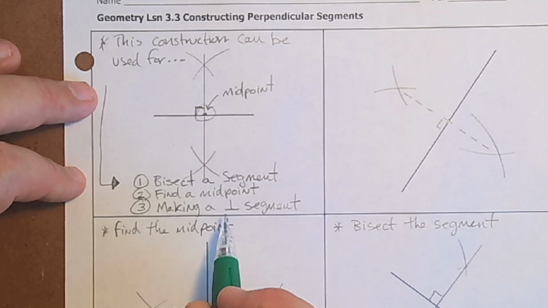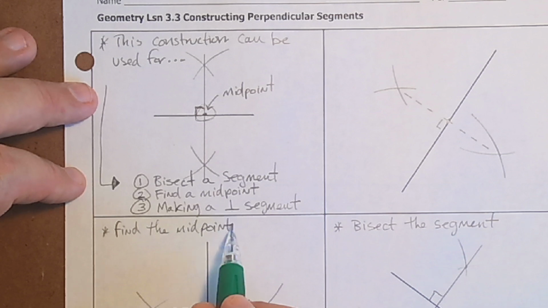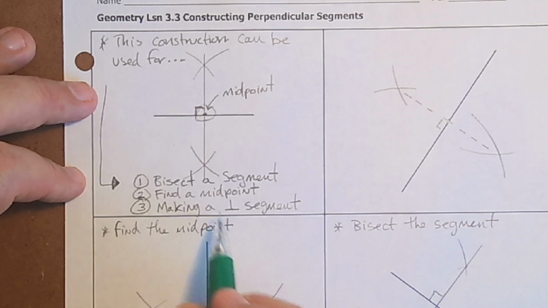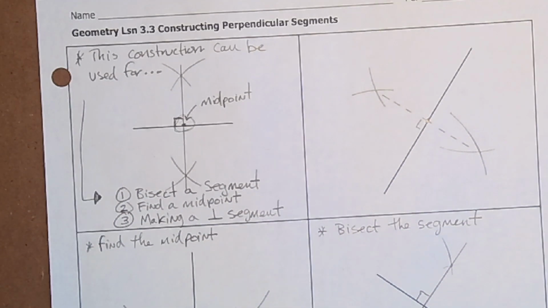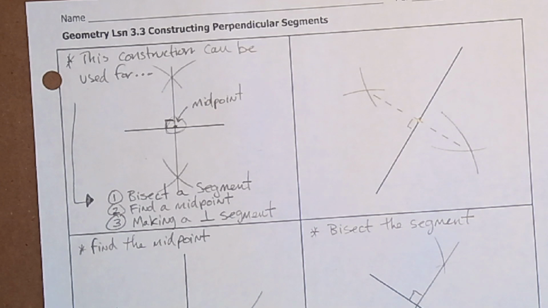Perpendicular, right? Which means it meets at 90 degrees. Got to know that word. If you don't know that word, make sure you know it, okay? So this construction does three things for us. It bisects a segment, it helps us find the midpoint, and it creates a 90-degree angle all in one swoop all the way around. So with one construction, we can do three important things. All right? Good so far?